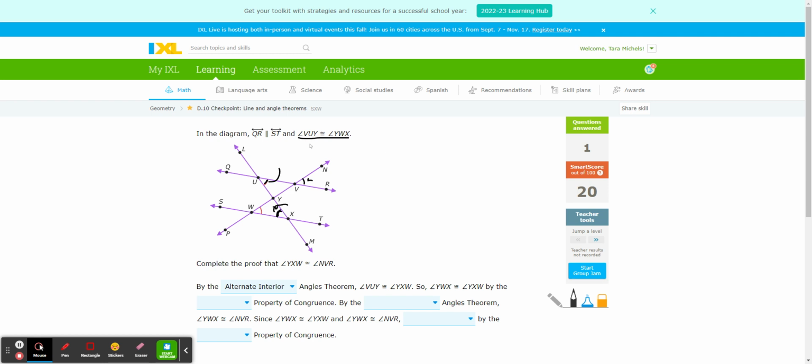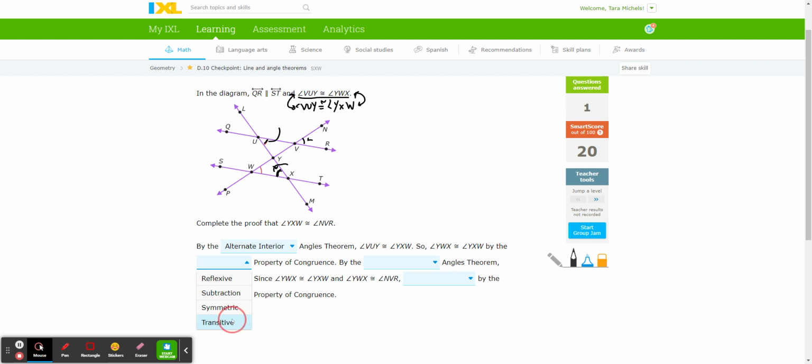Then we said VUY is congruent to YXW. Notice we have them both here, same angle, being equal to these two angles. So what theorem then tells us these two must be equal to each other? That's the old transitive property of congruence.